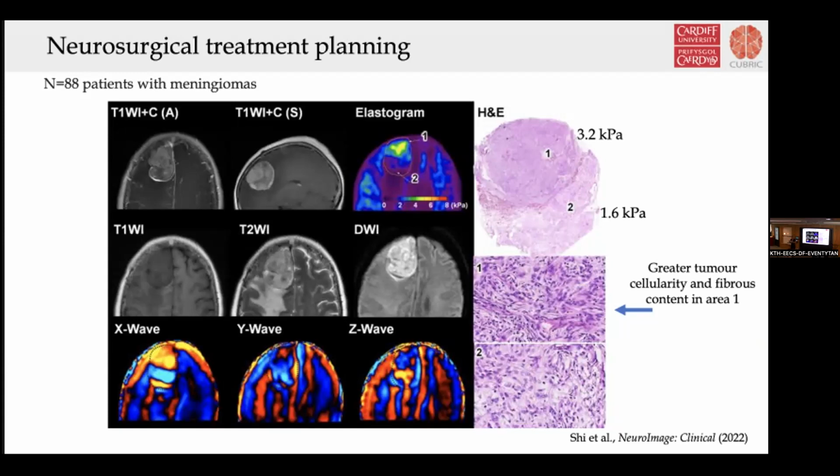In the anterior region, it's firmer, and in the posterior region, it is softer. Hematoxylin and eosin staining then confirmed a greater tumour cellularity and fibrous content in area 1, which you can see here. So this lines up with this. You think, wow, okay, this is going to take two different types of instrument to perform this successfully.